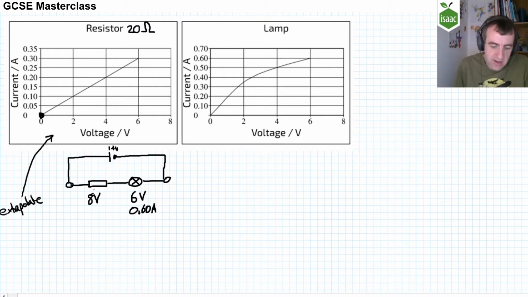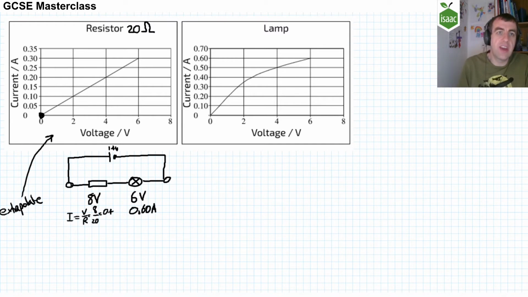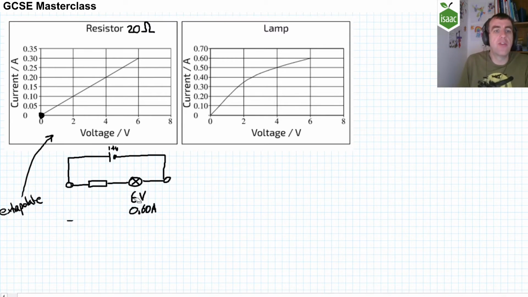You take your calculator out, you work out what the current is based on 20 ohms and 8 volts. So I equals V over R. You plug in 8 over 20. It doesn't look promising. So 8 over 20 is 0.4 amperes. It doesn't agree. The current has vanished. What does that tell us? That proposed solution is wrong.